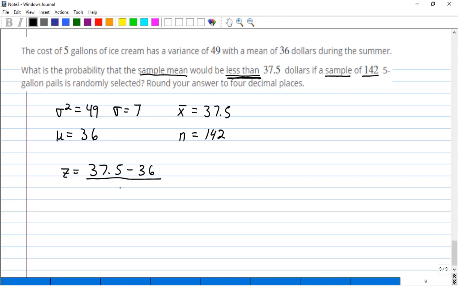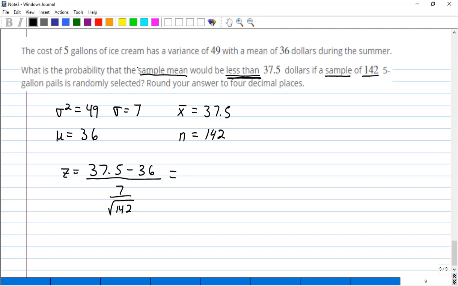It's the standard deviation divided by the square root of n. And that's because we're working with samples bigger than just 1. This is 142. We're trying to figure out the probability that the sample mean would be less than $37.50 if a sample of 142 pails is randomly selected.